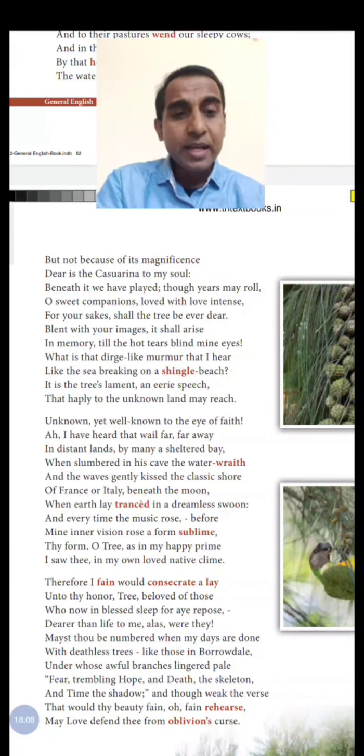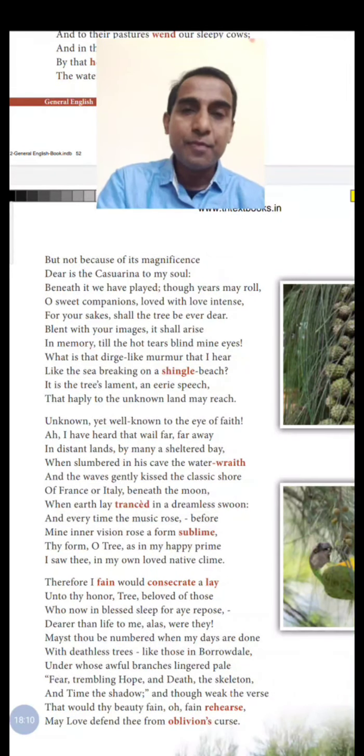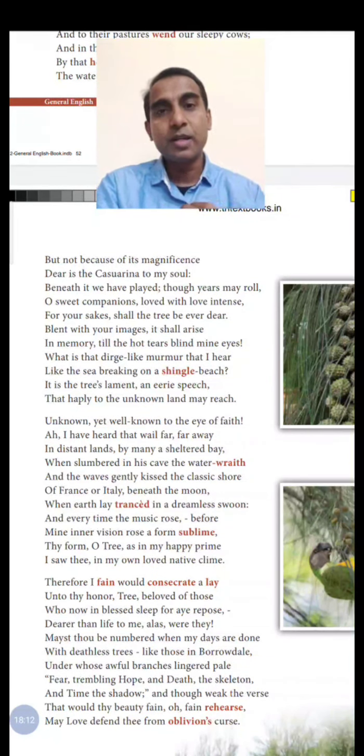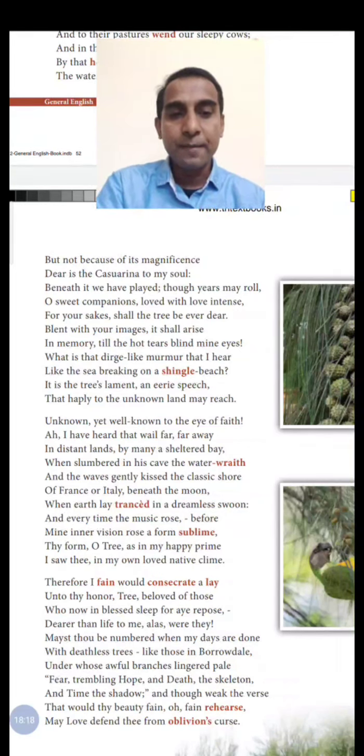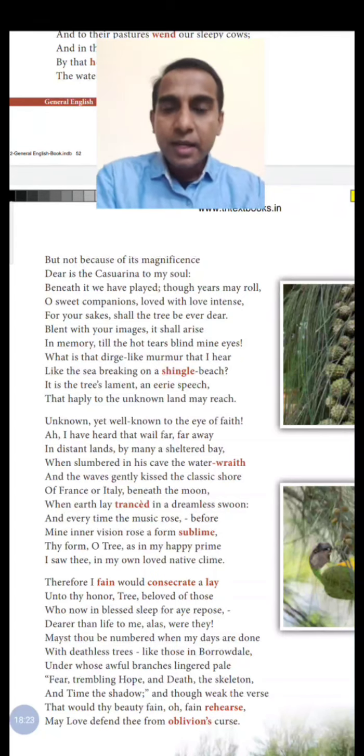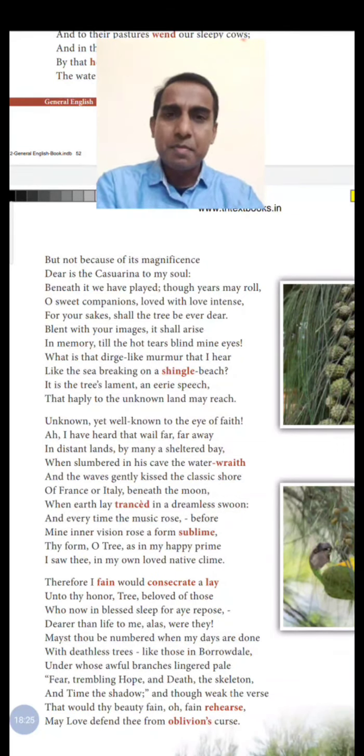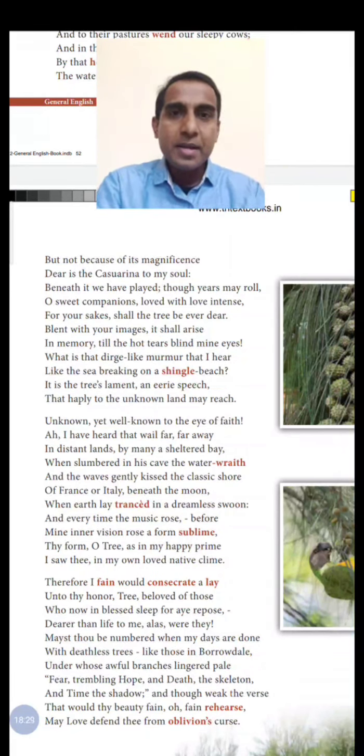For your sakes shall the tree be ever dear. For your sake, because for the sake of my loved ones, this tree will always be very close and dear to me. Blent with your images, I can see the mixed images of you whenever I look at the tree. Mixed images of different people, different memories. So it is giving a mixture of images in my mind.